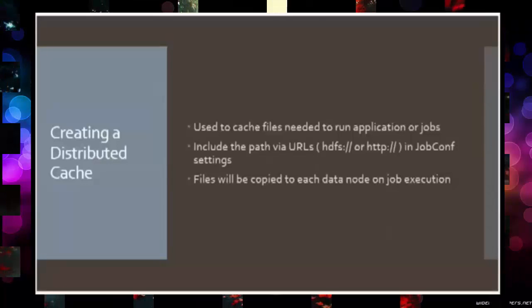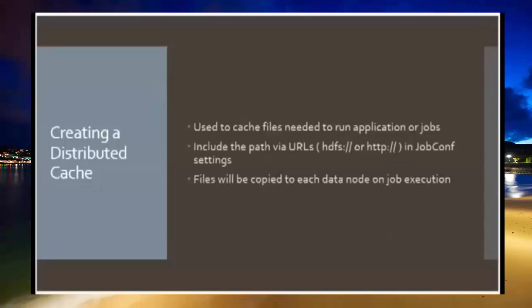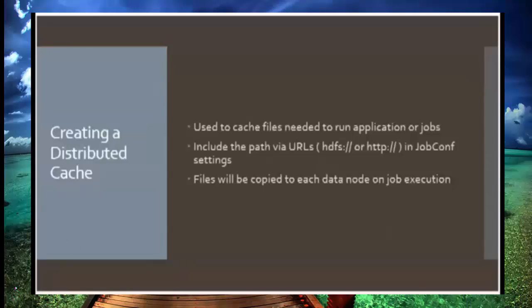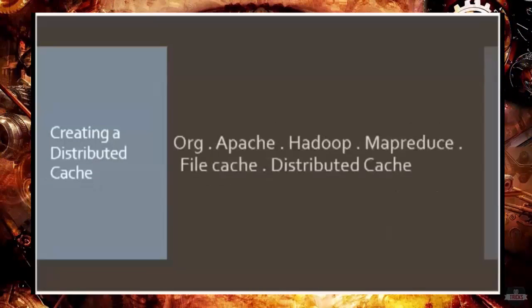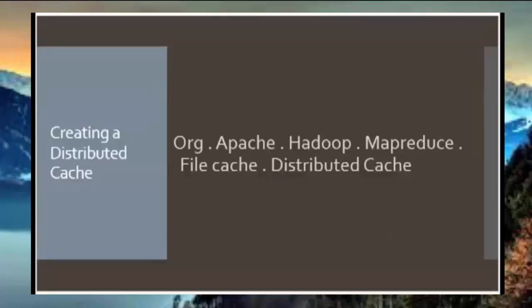The files will be copied to each data node on each job execution for the mappers, and are often used in scenarios like lookups. This is found in this library, org.apache.hadoop.mapreduce.filecache.DistributedCache.